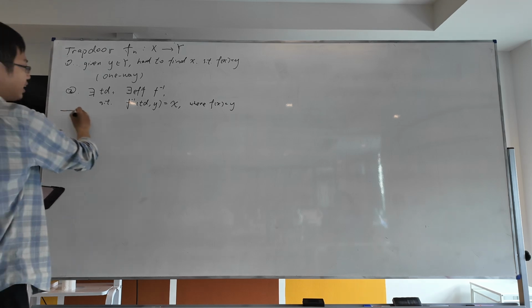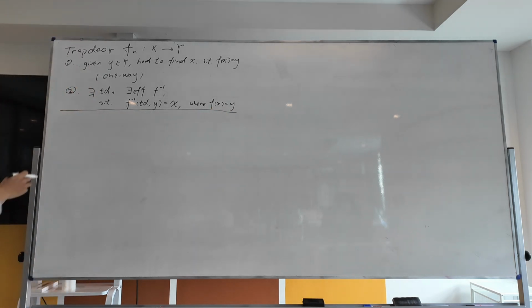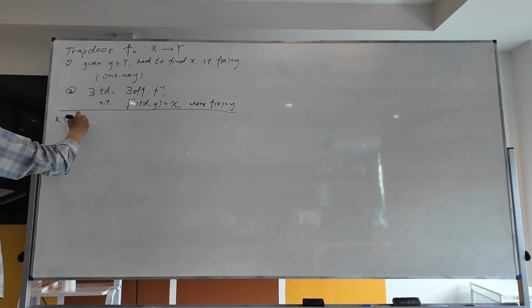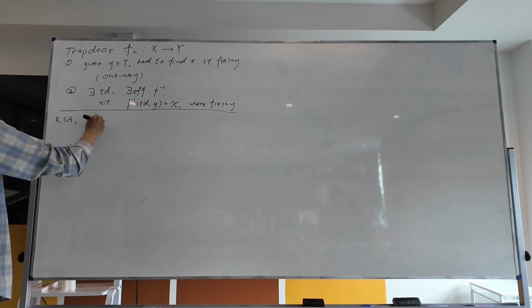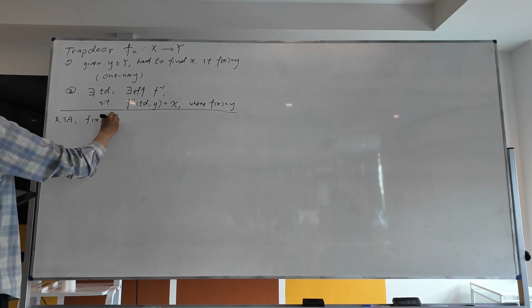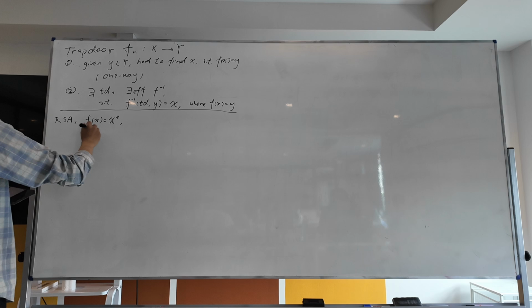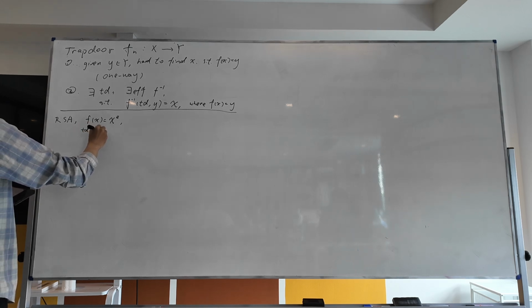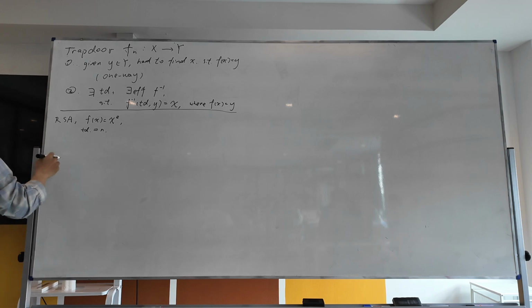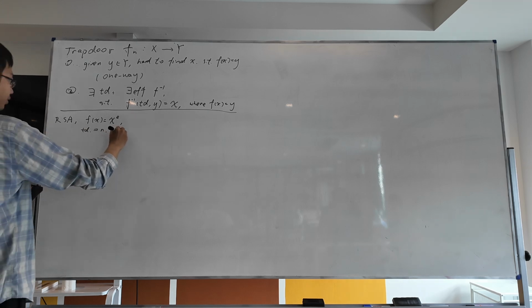So in the RSA-based signature, recall that our trapdoor function is defined to be, and the trapdoor is n.